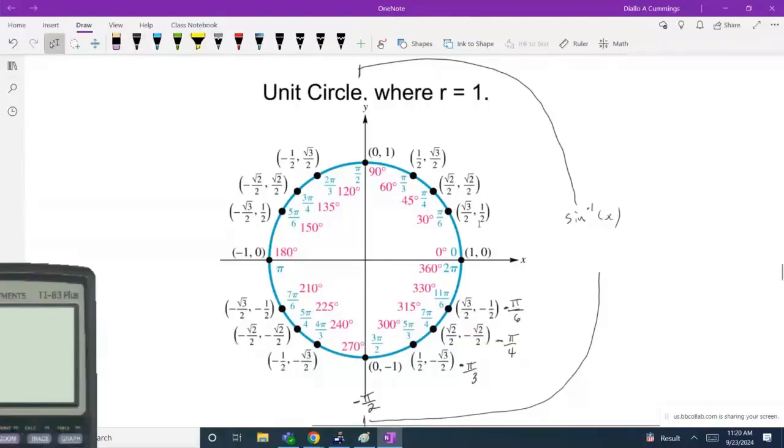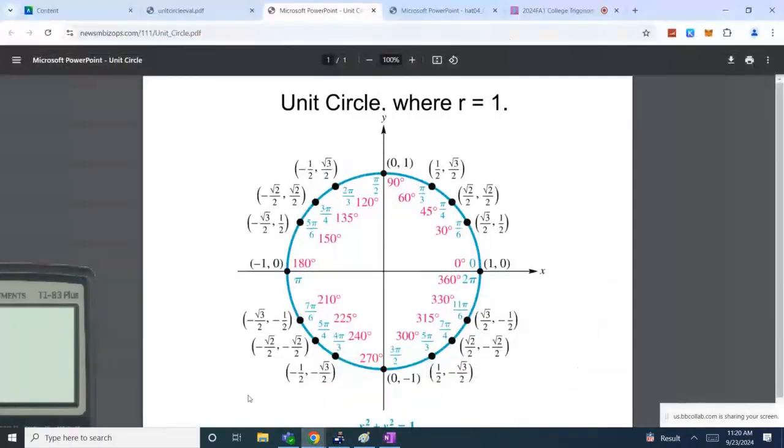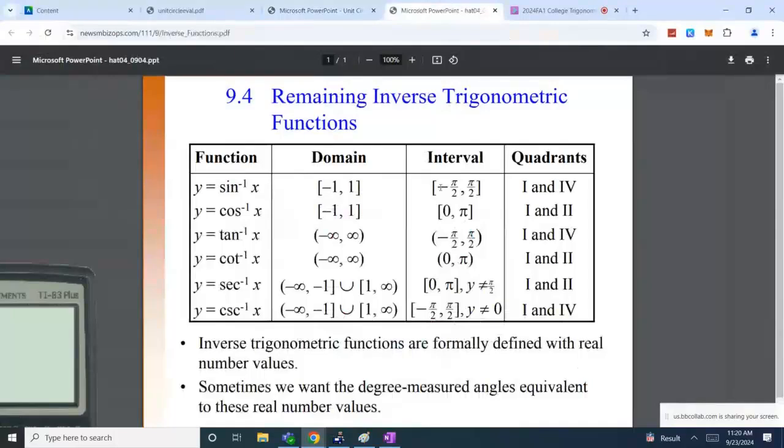So that means if my angles lie in the fourth quadrant, I can't use the positive angle measures. I must use the negative angle measures, simply based on the fact that for the arc sine, those angles are in the interval from negative pi over 2 to pi over 2, right? Quadrants 1 and 4.